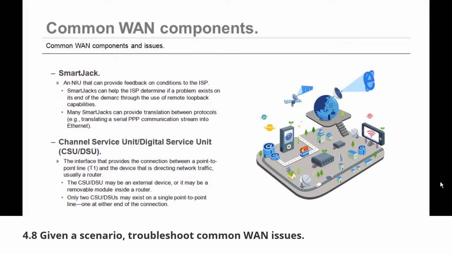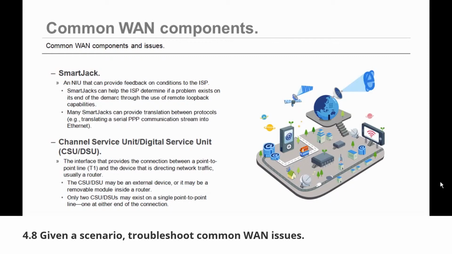One type of NIU is the Smart Jack. It's an NIU that can provide feedback on conditions to the ISP. Smart Jacks help the ISP determine if a problem exists on its end of the Demarc through the use of remote loopback capabilities. Many Smart Jacks can also provide translation between protocols, as in translating a serial PPP communication stream into Ethernet.